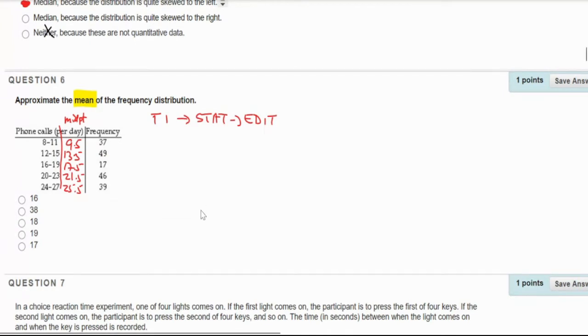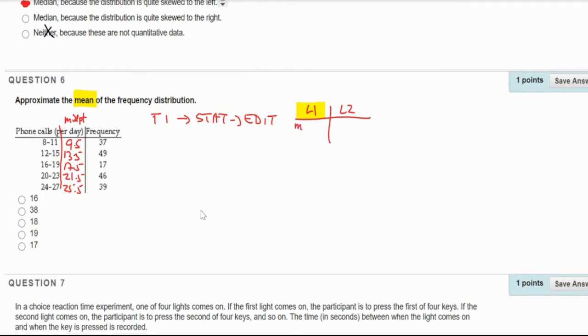Okay, excellent. So now start edit, and then we're going to see L1, L2. If there is anything under L1, bring the cursor here, and then you hit clear, enter. All right. So you're going to put the midpoint on this side, right?